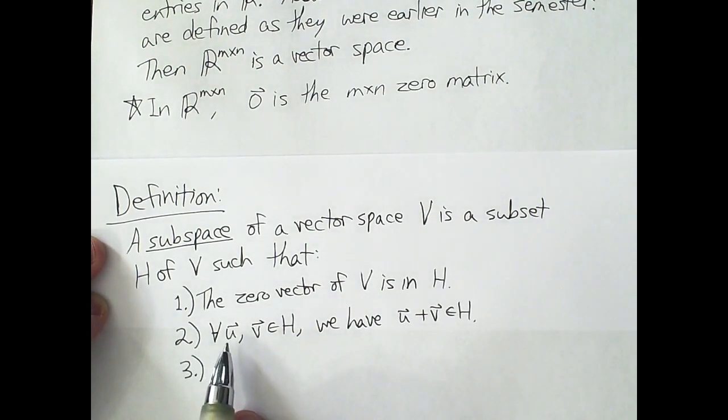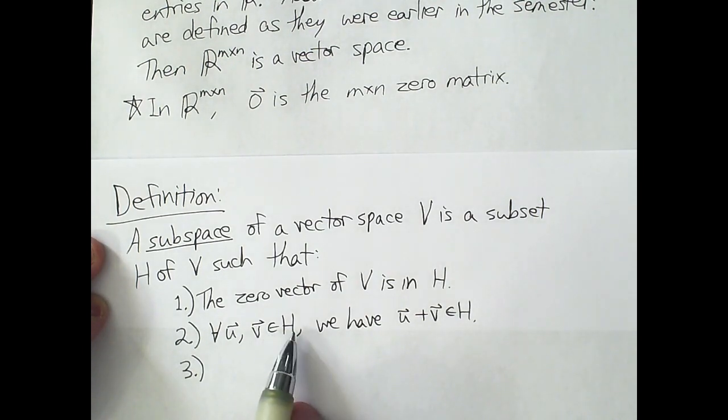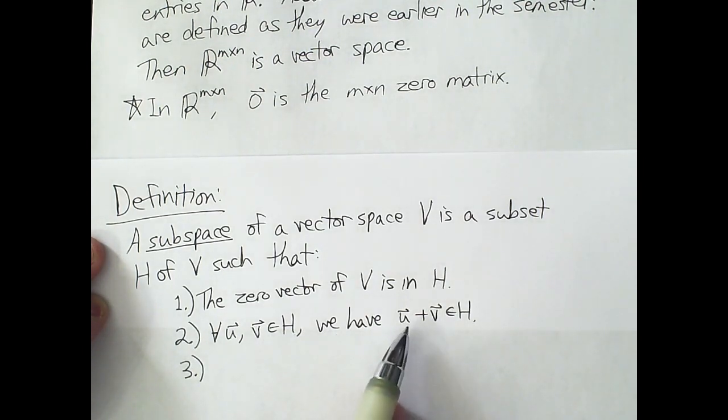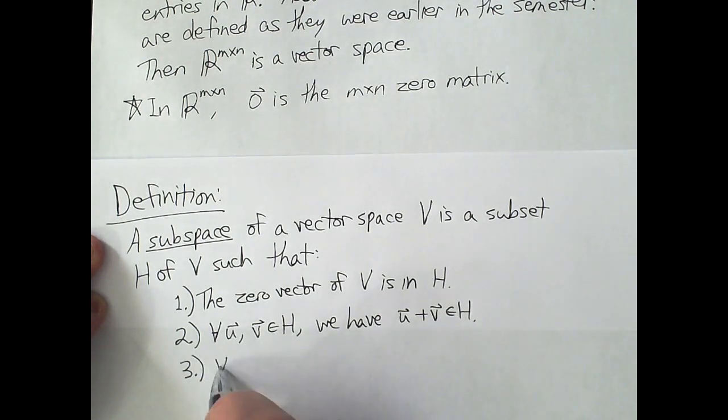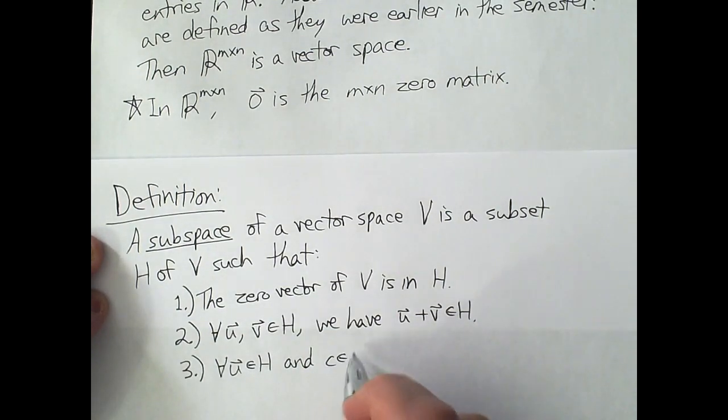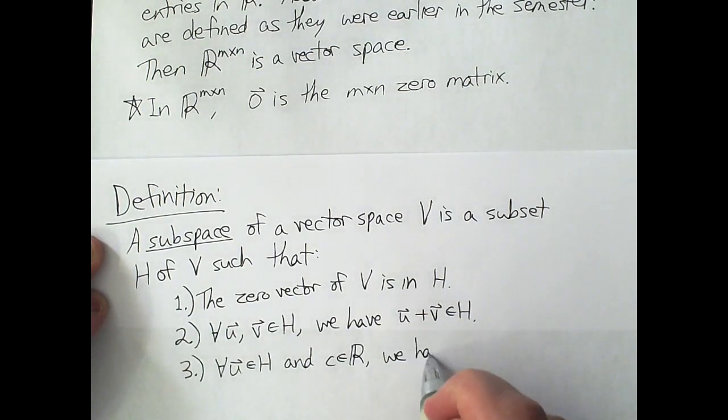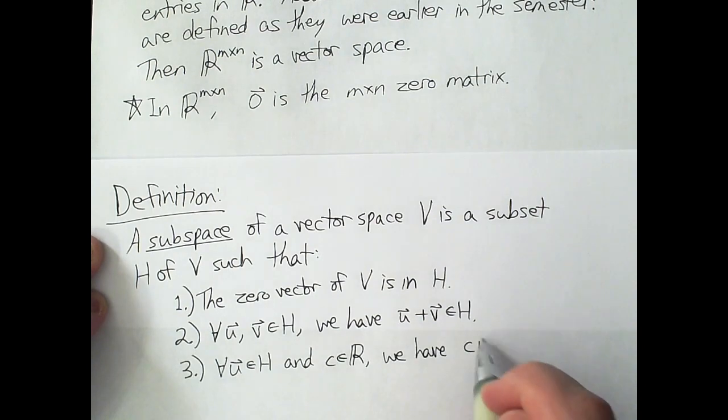For every vector u and for every vector v in the set H, we have u plus v is also in H. Number three, for every u in H and c in R, we have cu is in H.